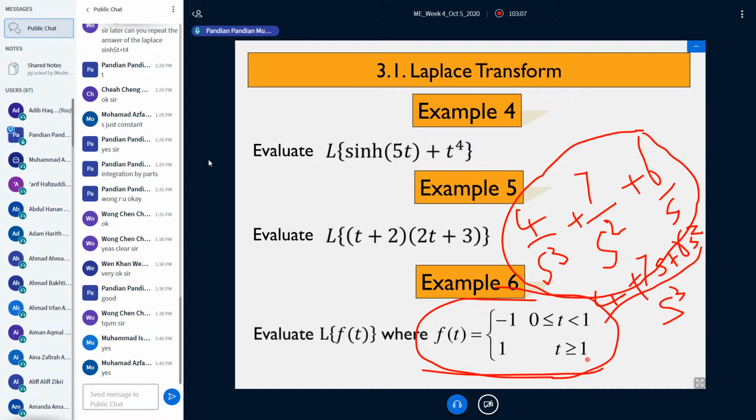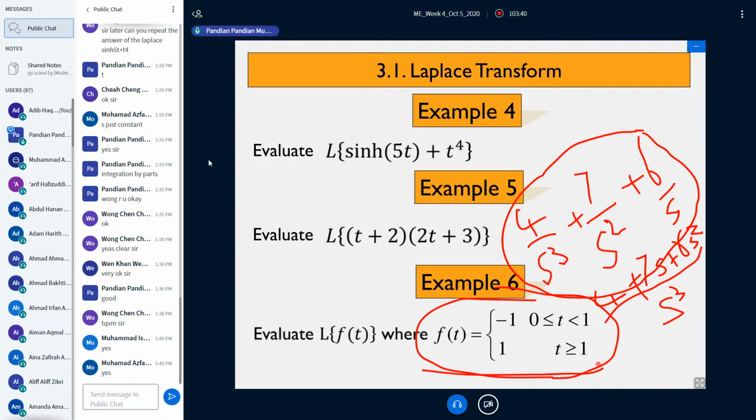If you simplify, the first part is minus e power minus st divided by minus s, 0 to 1, which is positive 1 over s e power minus s, where t is 1. T is the variable, class. And when t is 0, this is minus 1. So you have 1 over s e power minus s minus 1.